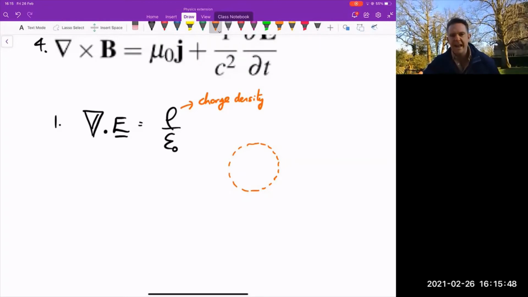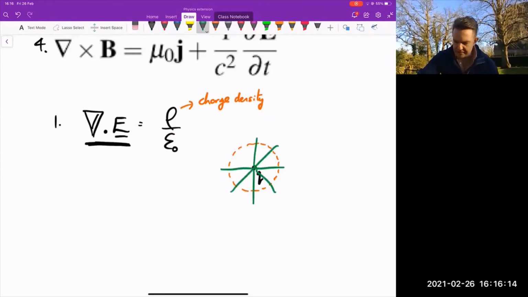You're not getting any net flow of E field out of that surface. Whereas if I put a charge here, and I'll put it in the middle for simplicity's sake, if I put a charge there, Q, that means that now this term is non-zero, which means now we have to have a divergence of net outflow of E field through that surface. And as we know, the field around a point charge looks like that, right?